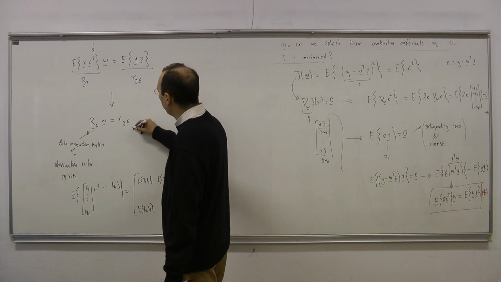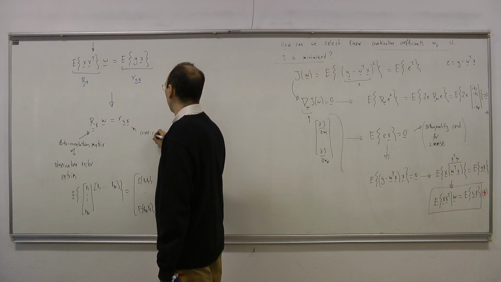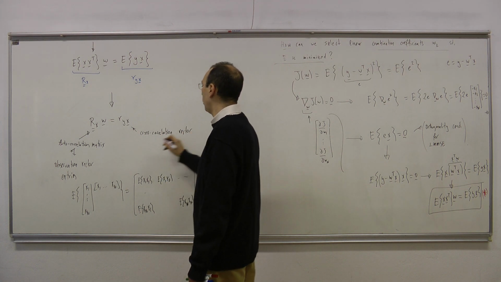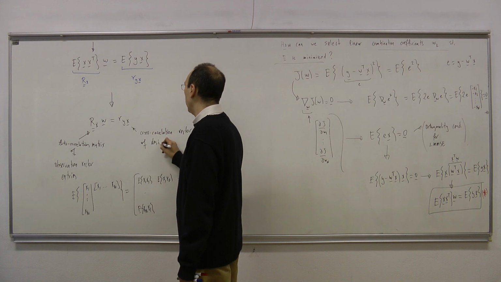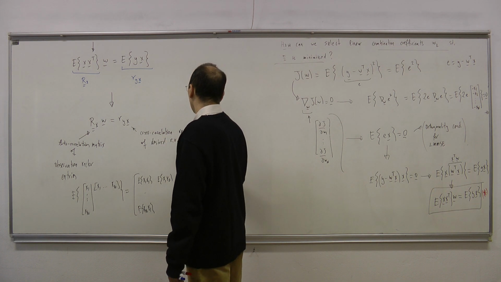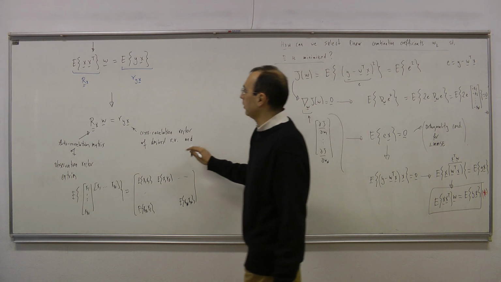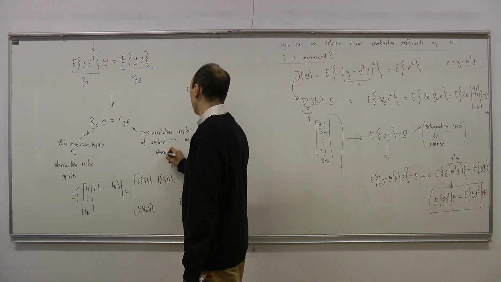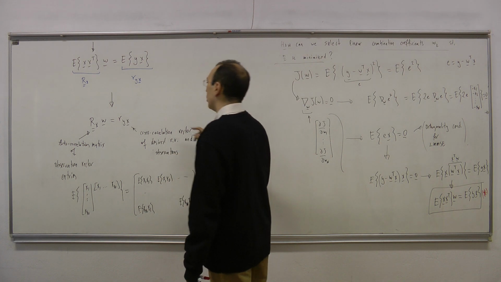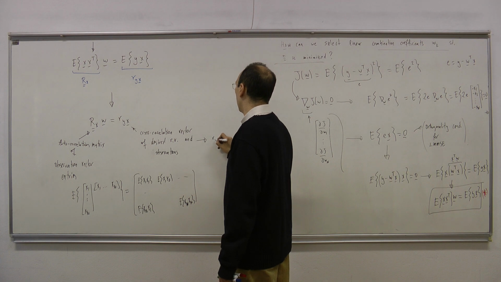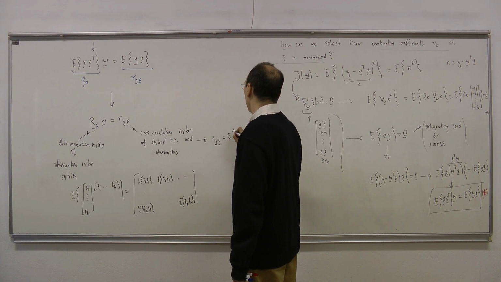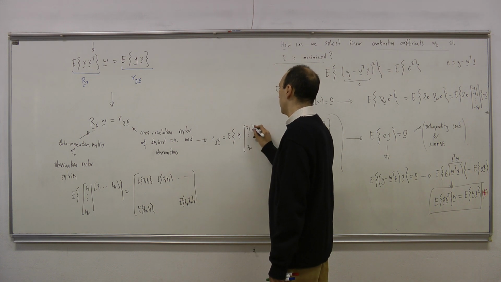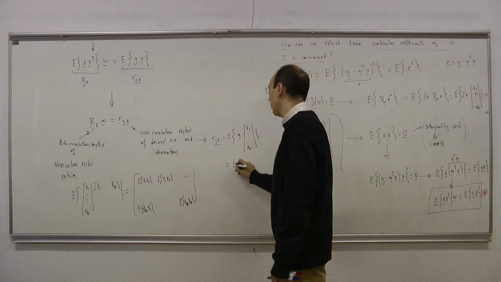How about this? This is the cross correlation vector of the desired random variable and the observations. So the meaning of this is as follows. Ryx is expected value of y times this x vector, x1 to xn. So it is very easy to remember.